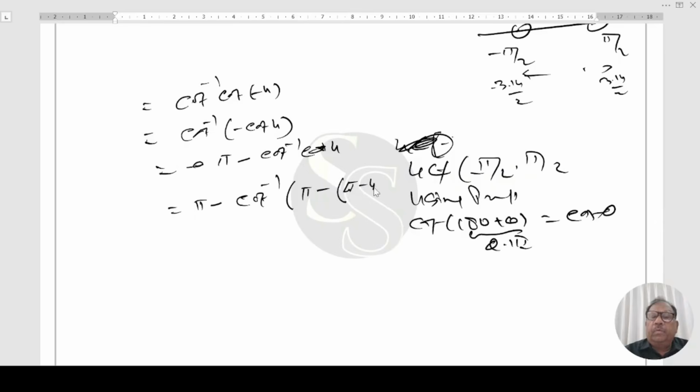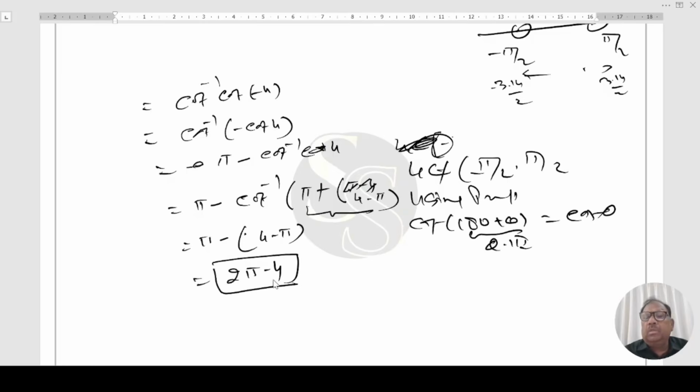This comes out to pi minus, this is pi plus 4 minus pi. If you go back, this is now 180 plus theta, 4 minus pi. That is 2 pi minus 4.